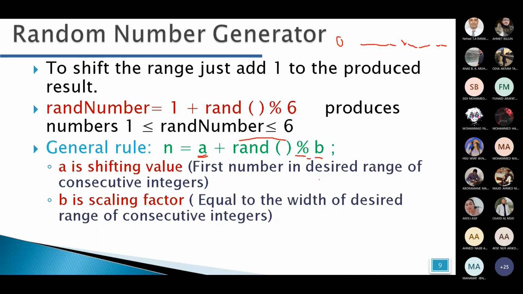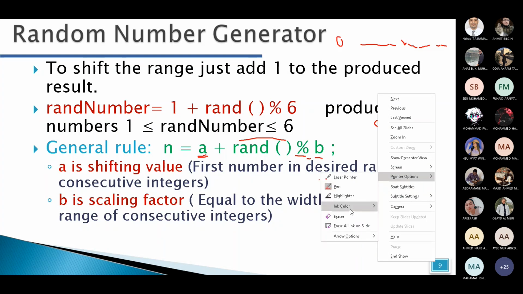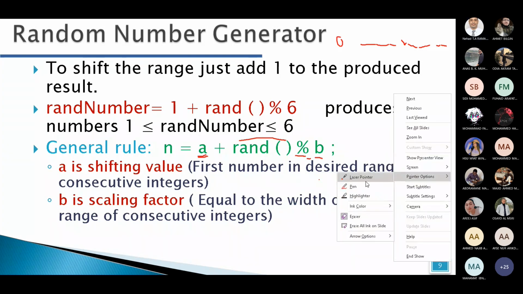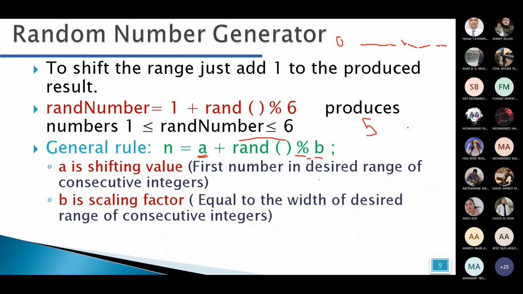Now look at this example. I need a random number, let's say not from 0, from 5 to 20. To get a random number from 5 to 20, I will make this mod 20. So rand mod 20.